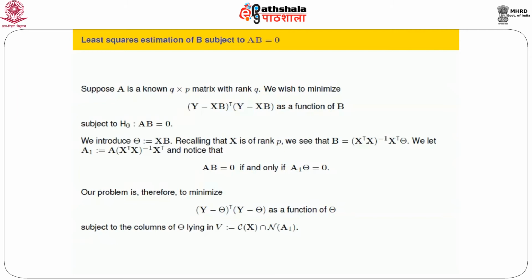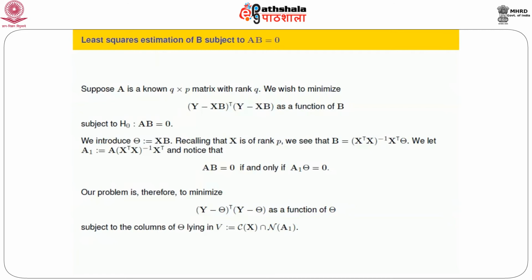So what we do, we write XB. The XB is the mean of Y. If Y is equal to XB plus E and E has expectation 0, so this is the mean of Y, which we denote by capital Theta. Because this capital X is of rank p, which we assume, that is, we assume that capital X is of full column rank, then we see that there is a connection between this matrix B and this Theta. So X is of full column rank.